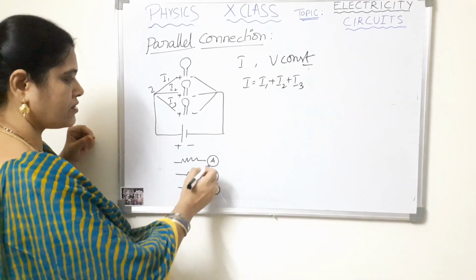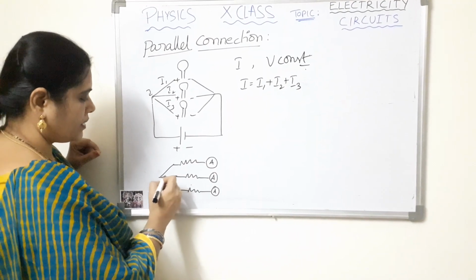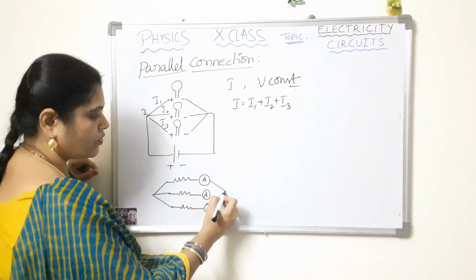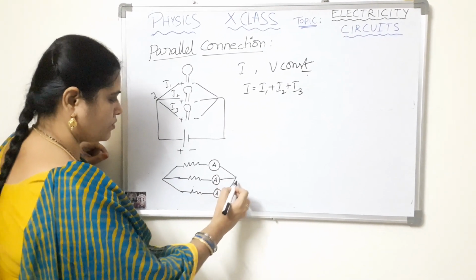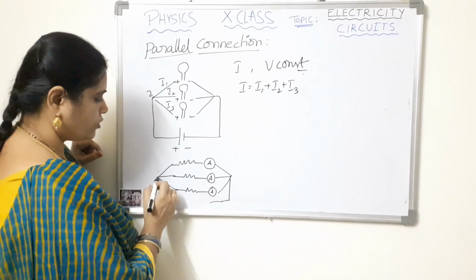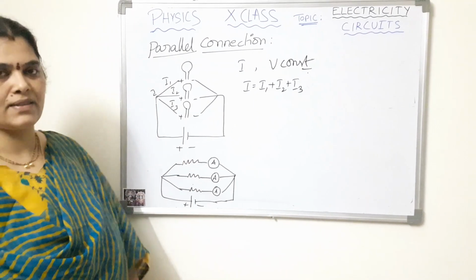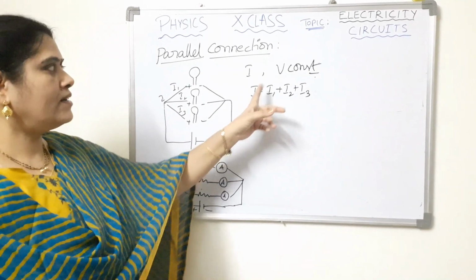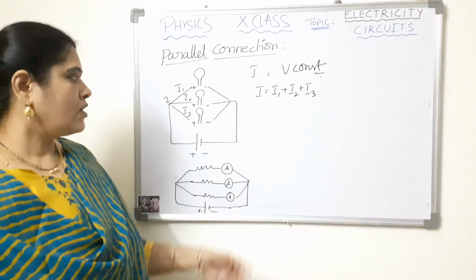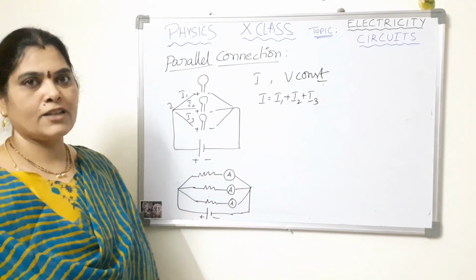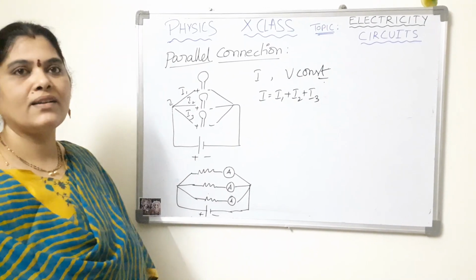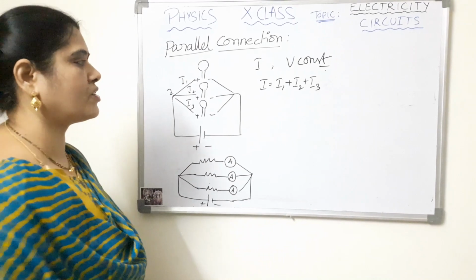So we just draw like this and connect all these 3 to one end, another one to another end, and draw it like this. This is for resistance. Here I is different, V is constant. Now we are going to deduce the expression for the equivalent resistance in the parallel connection.